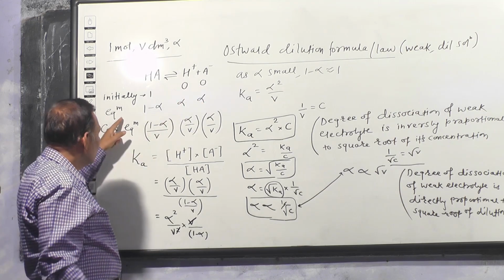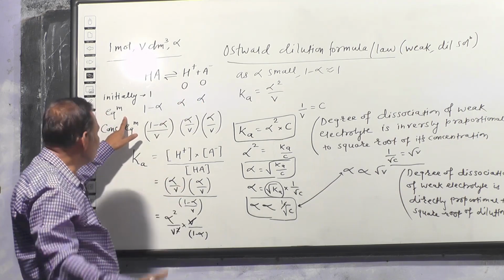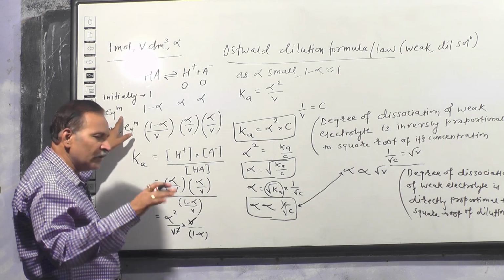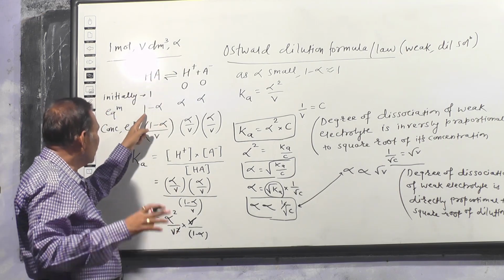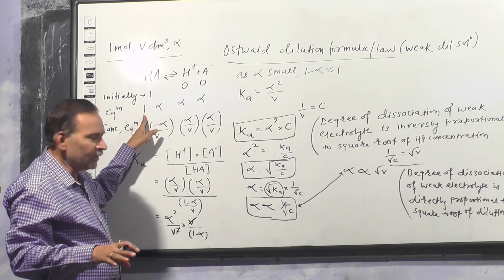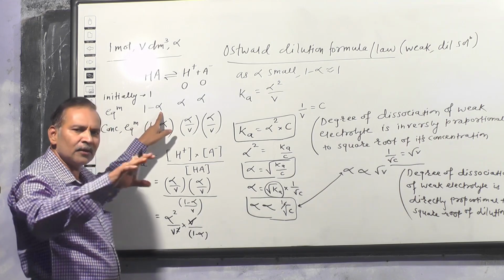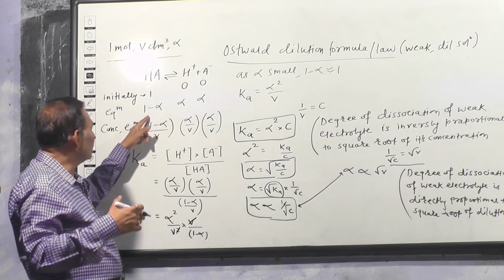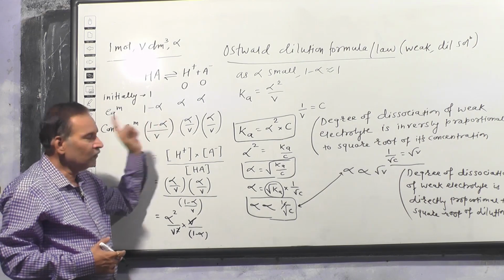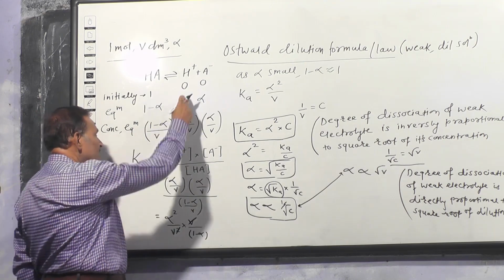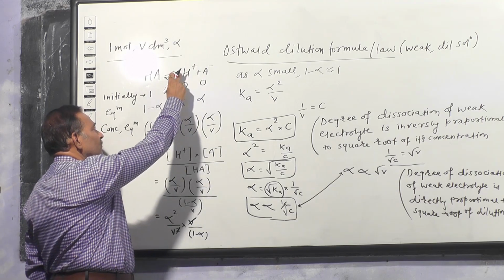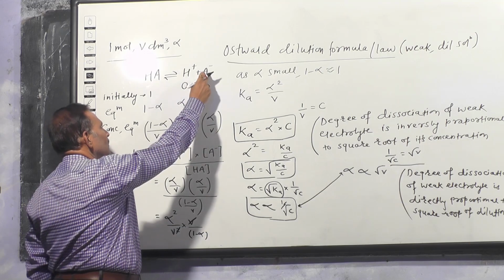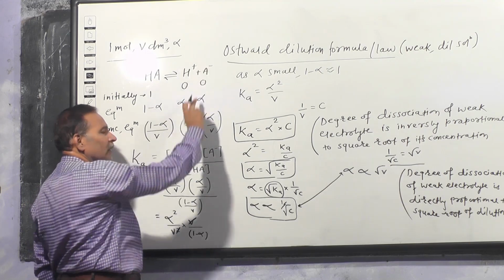Now the reaction will start, dissociation will start, and at equilibrium, if we suppose alpha is the degree of dissociation, then out of 1 mole of the electrolyte HA, if alpha has undergone dissociation, the left out quantity is 1 minus alpha. So we'll write 1 minus alpha. H plus produced is alpha because the coefficient of H plus is 1, and the coefficient of A minus is also 1.